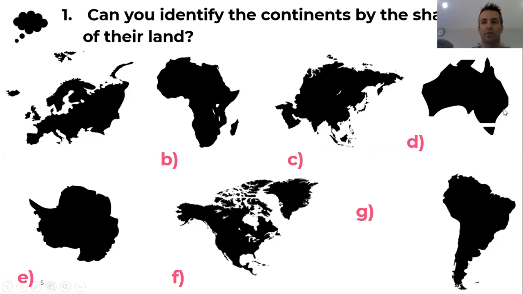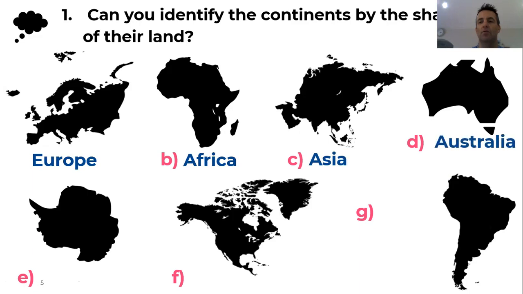Okay, let's have a look at the answers. So, starting off with A is Europe. Well done if you got that one. B, Africa. C, Asia. D, Australia, or Australasia and Oceania, one of the 3.